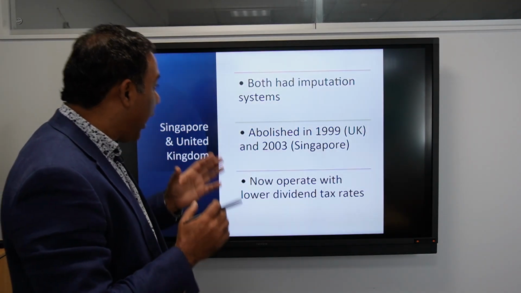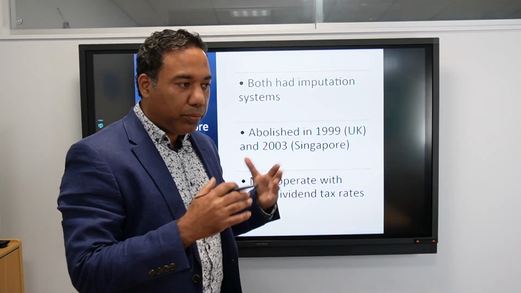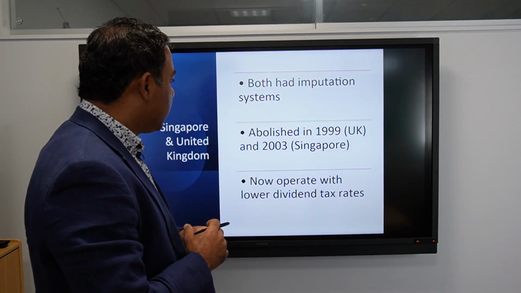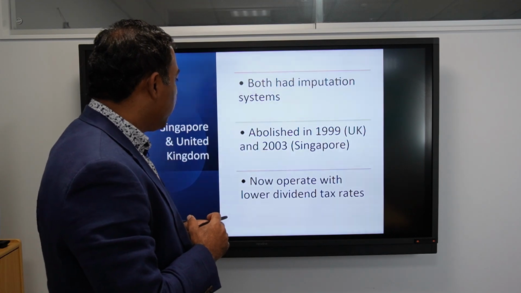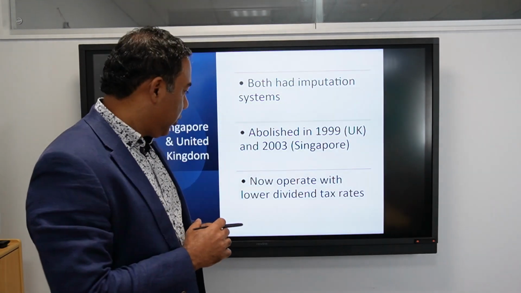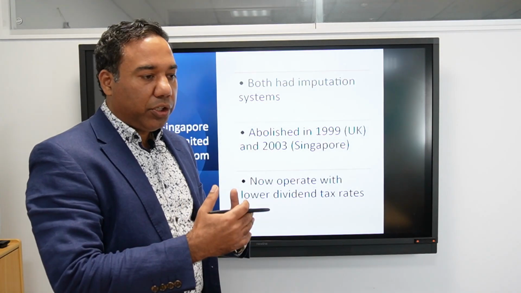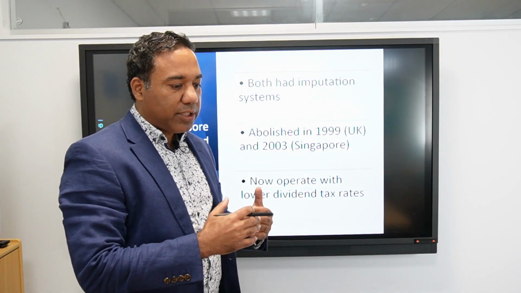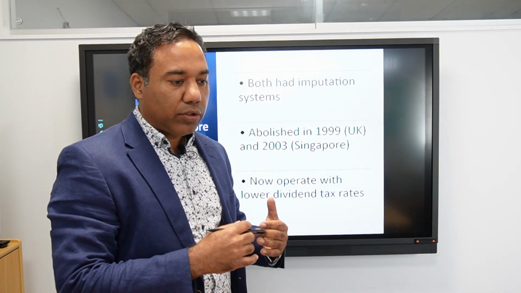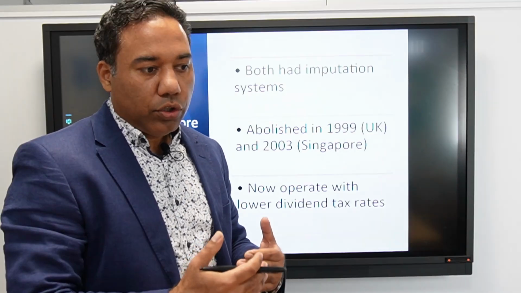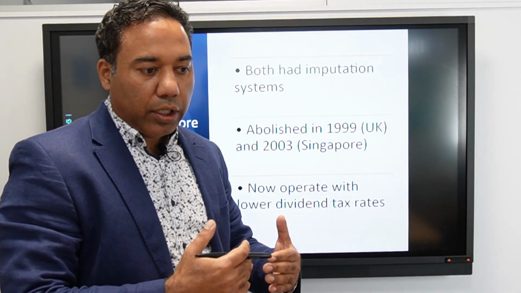Both had imputation systems, not right now, but they both had. These systems were abolished in 1999 in the UK and 2003 in Singapore, and now they both have a lower dividend tax rate. I'll explain what that is. Basically, when corporations pay tax, that tax is already paid.